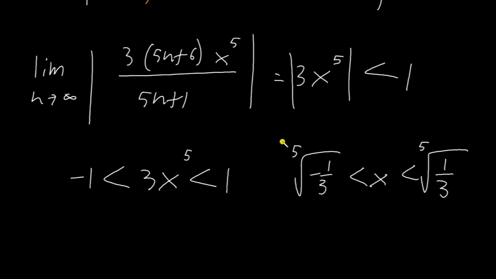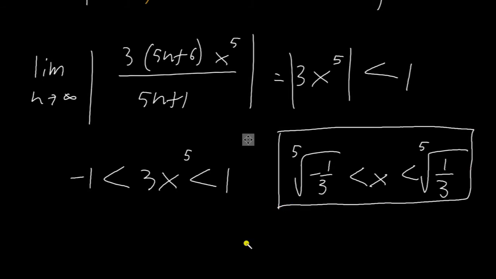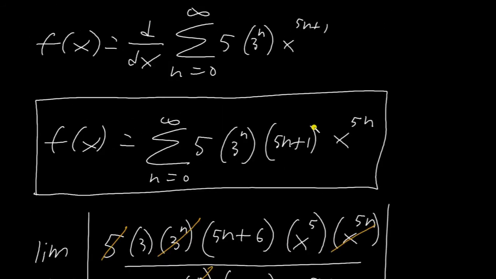And then, yeah, so that is our interval of convergence right there. If we were to plug in the 5th root of negative 1/3 or the 5th root of positive 1/3 back into our series here, we find that we can combine this and this, and we'd get 1 to the n, or negative 1 to the n, which would be, again, a divergent geometric series.